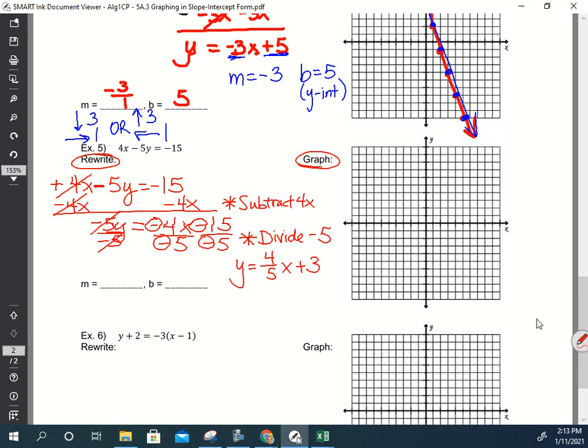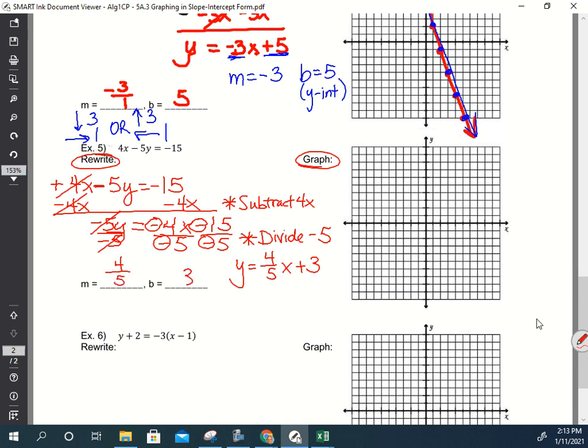Anybody stuck or have questions before we move on and start graphing? Let's do this. What's the slope? So the slope is 4 over 5.